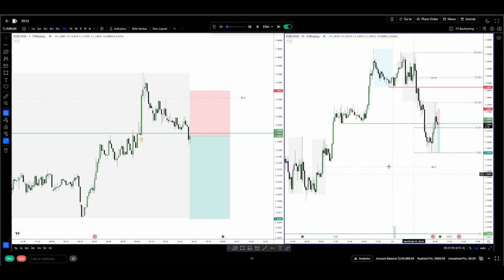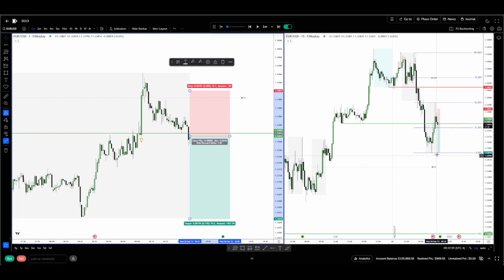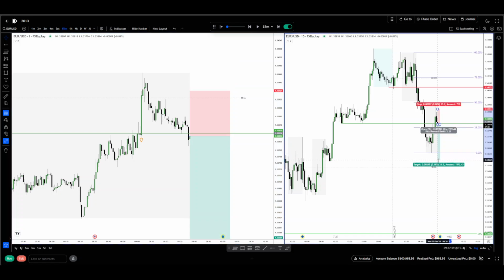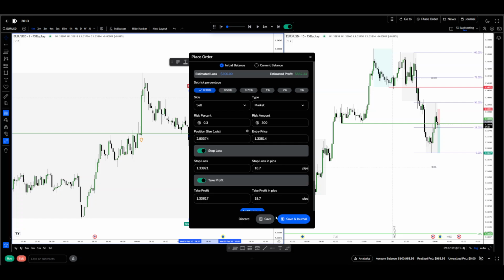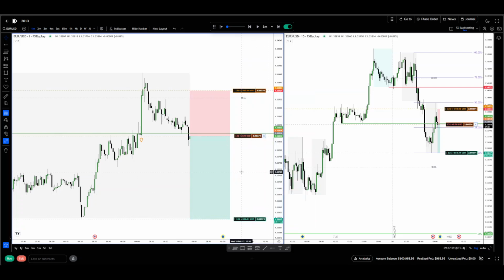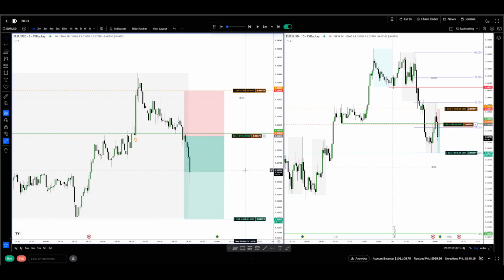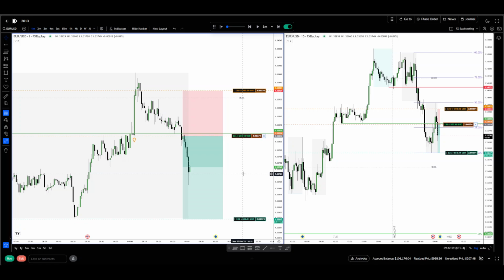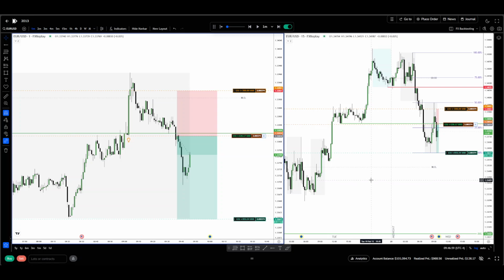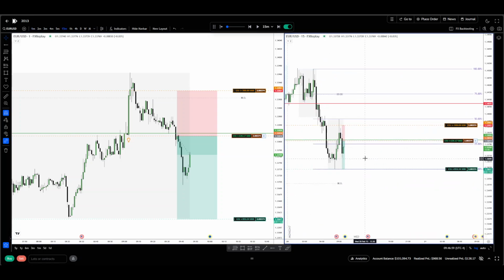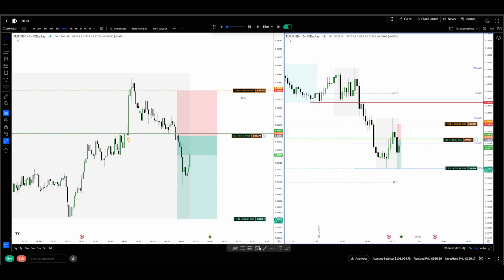Maybe even lower, but for now this is just fine. Maybe I can target this low. Right, gonna enter the market. So now we are reacting to this order block.